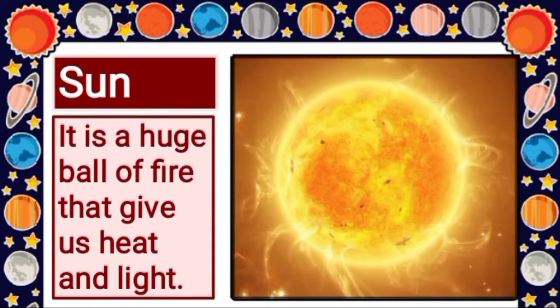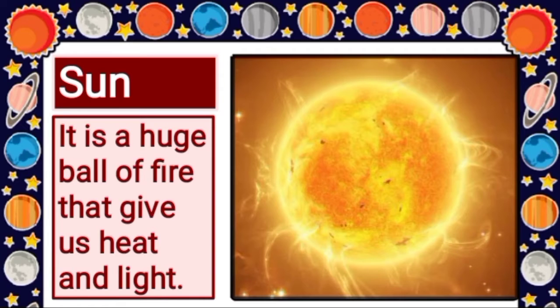What is the sun? At the center of the solar system is a star which is called the sun, and it is the largest object in the solar system, and its diameter, or distance through its center, is 865,000 miles.